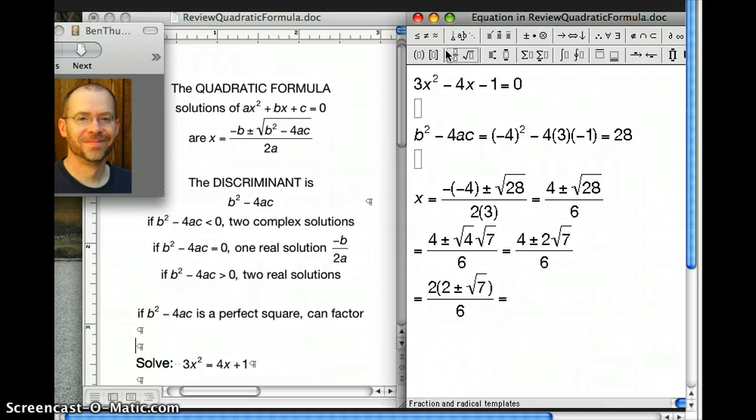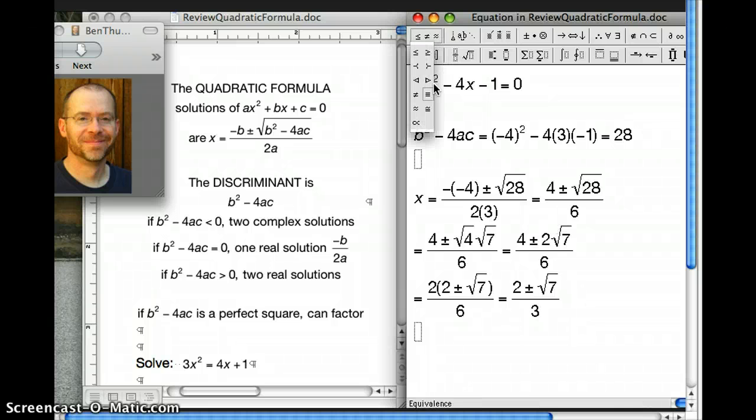So I take a factor of 2 out of here and here, and I wind up with 2 plus or minus the square root of 7 divided by 3. That's as nice as I can write these solutions if I'm giving exact solutions.